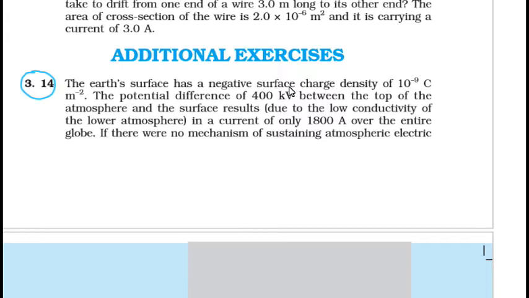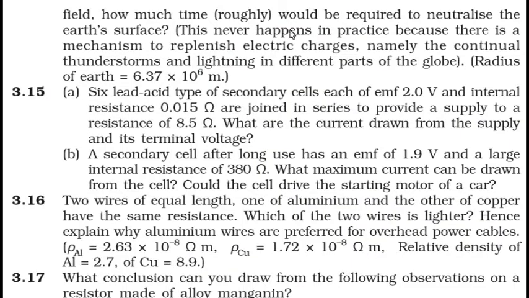If there were no mechanism to sustain the atmospheric electric field, how much time roughly would be required to neutralize the Earth's surface? Radius of the earth is given 6.37 into 10 to the power 6 meter.